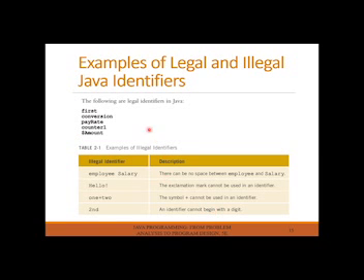Example of legal and illegal Java identifiers. These are examples. The following are legal identifiers in Java. So, yung first, pwede yan, kasi wala naman sa keywords natin ang first. So, pwede mong gawing name or identifier yan. Conversion. Pay rate. Take note po, walang spaces in between kapag identifier.